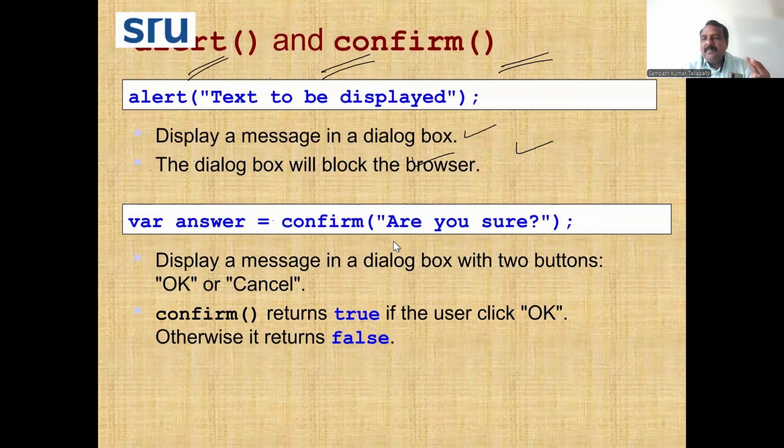This confirm method displays a window where you are going to say true or false, okay or cancel. If you say okay, it returns true. Otherwise, it returns false. Depending upon the value you give, the data execution is dependent on these values.